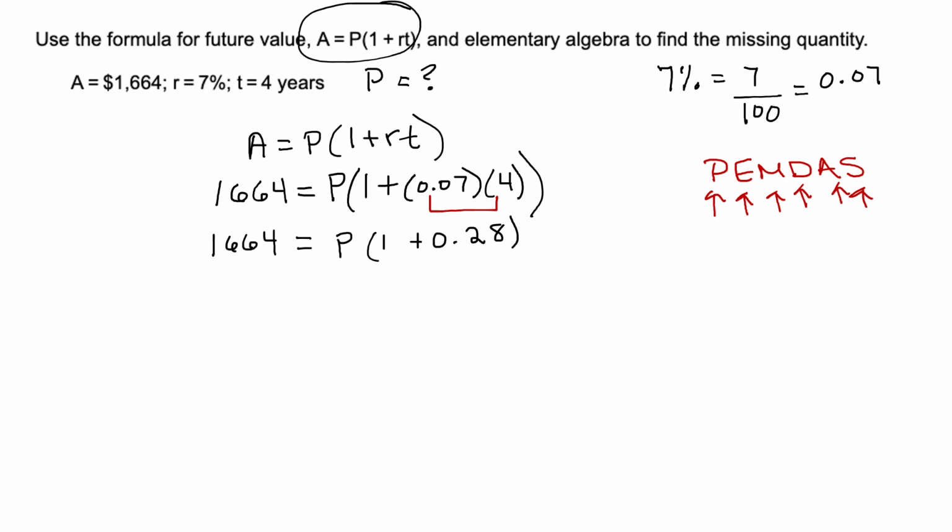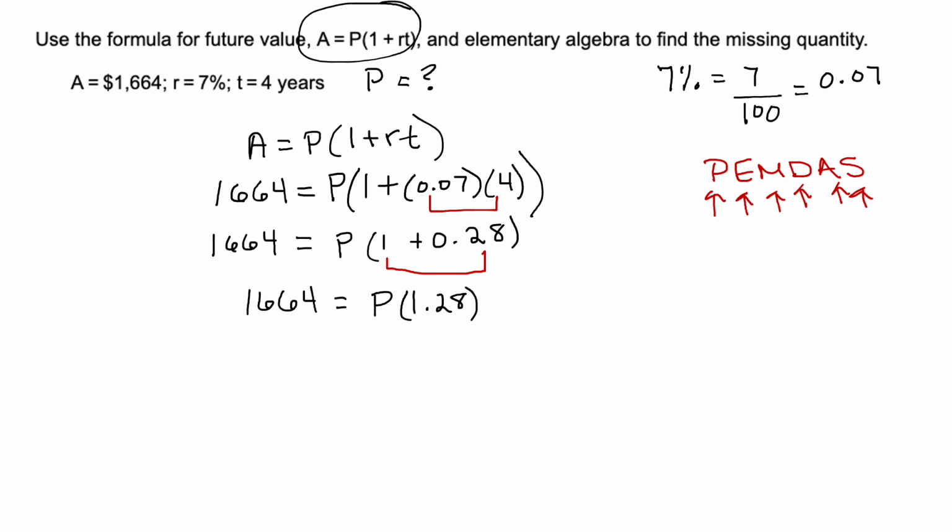So I'm going to add 1 to 0.28. 1 plus 0.28 is 1.28. And I'll bring down everything else. Now my equation is 1,664 equals P times 1.28.